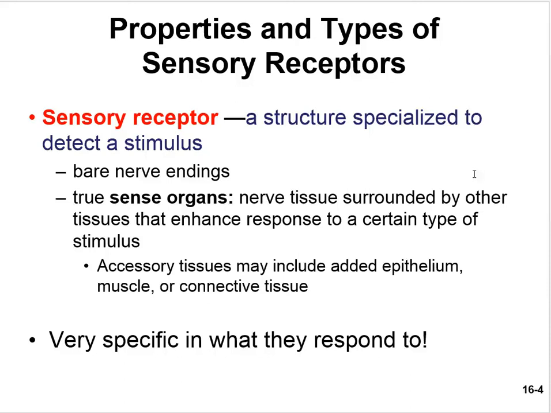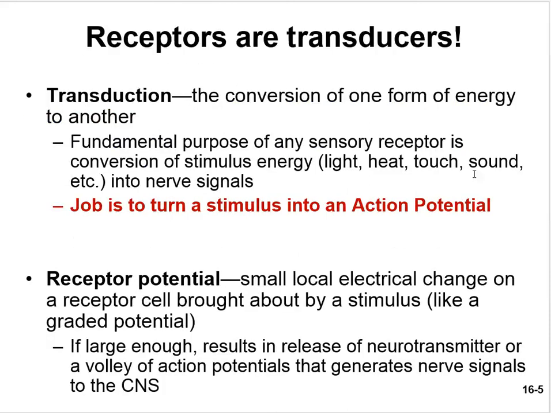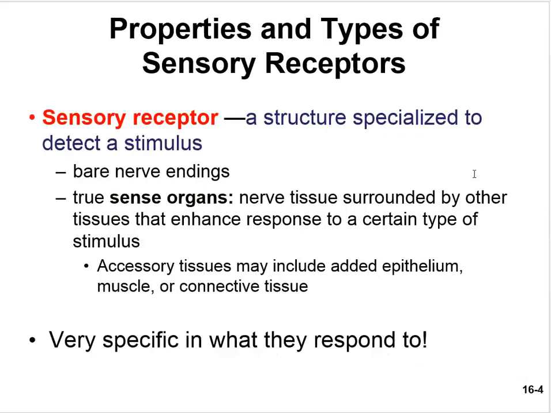And the things we'll talk about in this chapter are like the beginnings of that reflex arc that we talked about in the previous chapter. For some examples, muscle spindles don't have other tissues. Like, for instance, the eye has a lot of other supporting tissues to help it out.